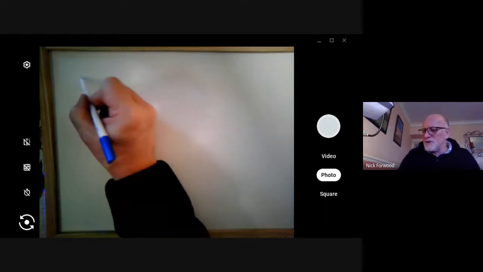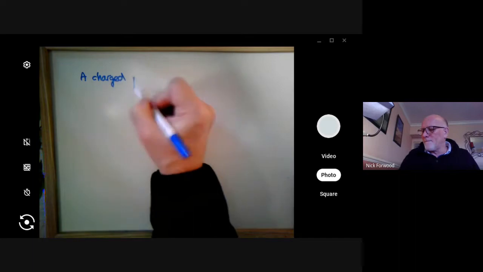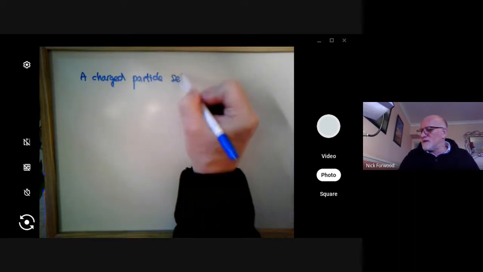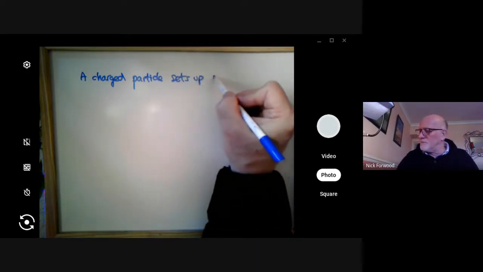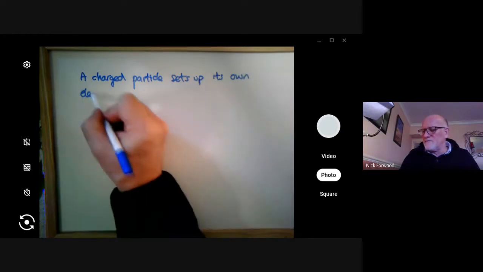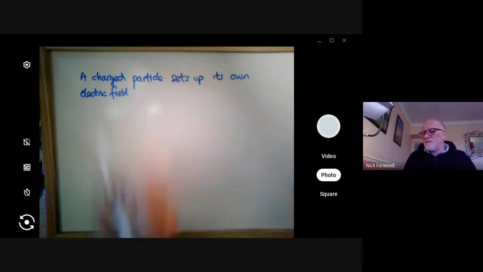So a charged particle sets up its own electric field. This is separate from a field that's just there in a big space. It's got its own electric field.